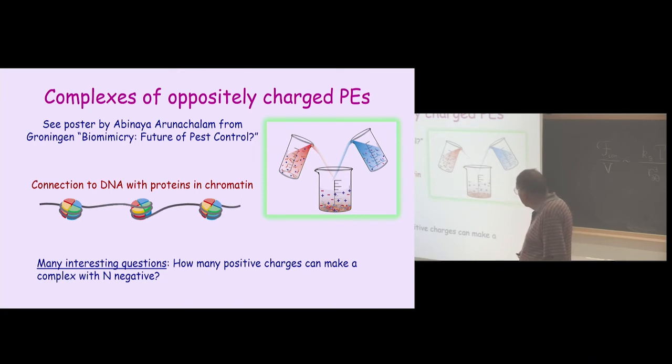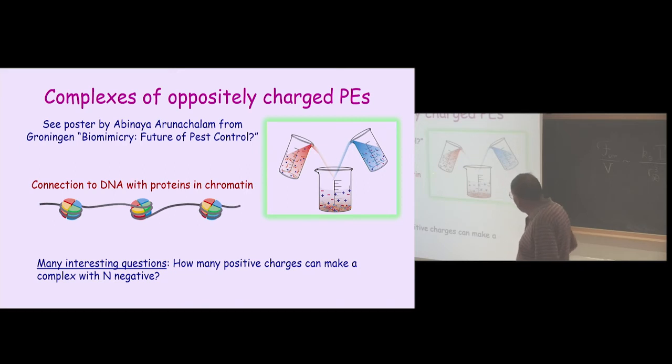She studies complexes of polyelectrolytes. This is a huge field to which I do not do justice. I just mention it as this answers the question why I use the word potpourri in the title of this lecture.